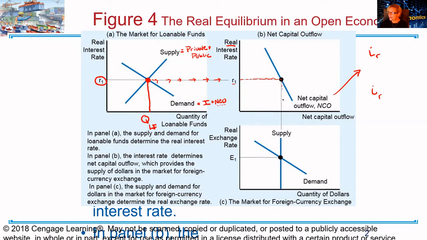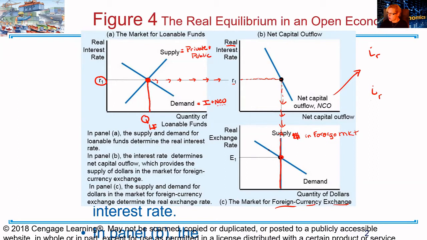We then follow that down into a third graph, right? Here we have the supply, or the quantity of dollars, and this is the market for foreign currency exchange. Our money supply is fixed, so the supply of dollars in the foreign market is perfectly inelastic because it's fixed at one point in time.